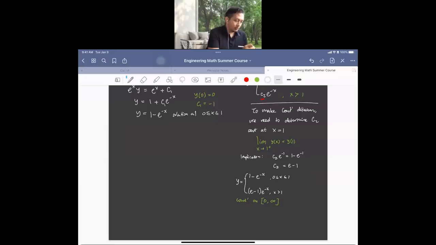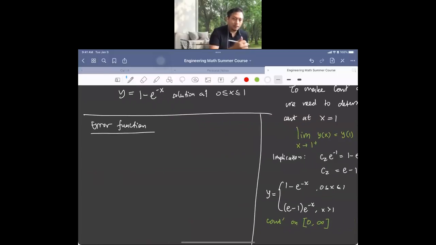Okay, one more thing before we move on. I mentioned before that we have the so-called error functions. Let me write just the definitions. I won't give you too much detail here, just an introduction. The error function we can write as erf of x.